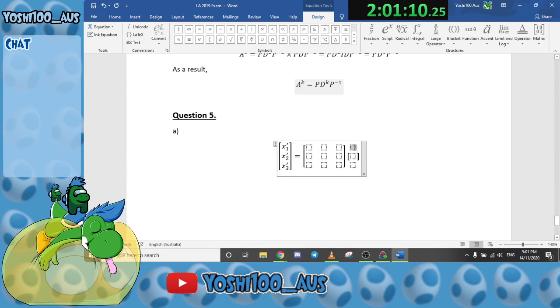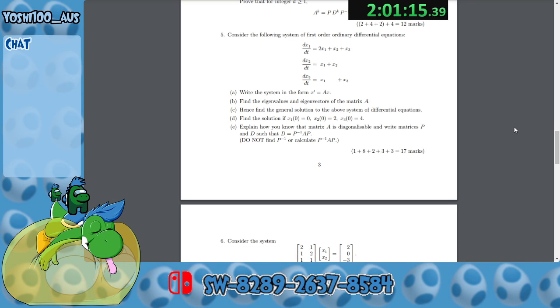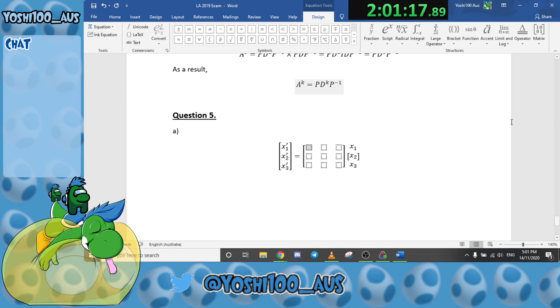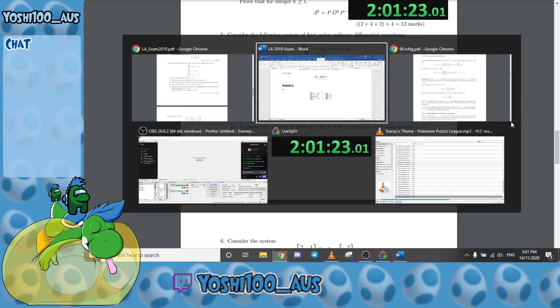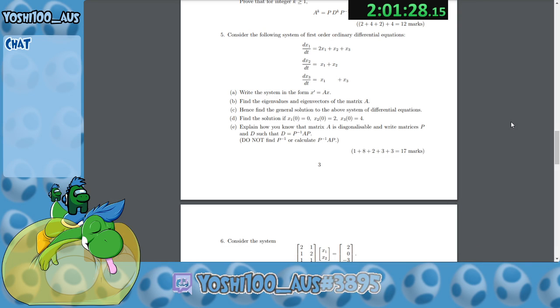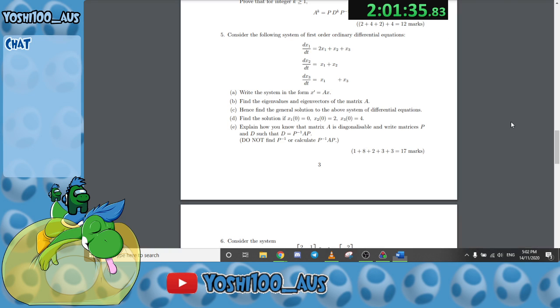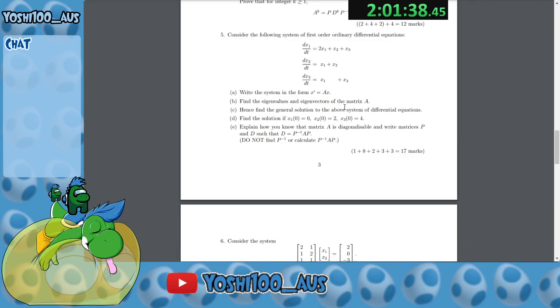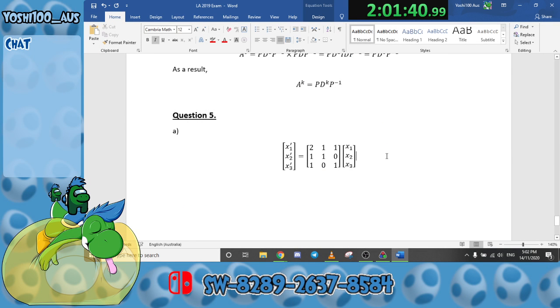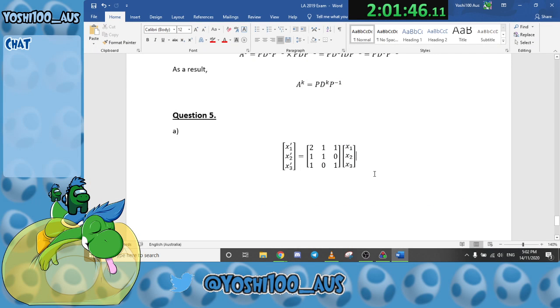X2, X3. Our matrix is 2, 1, 1, 1, 1, 1, 1. No, I got it wrong. It's the other way around. I am very efficient. Could just use my mouse. 1, 1, 0, 1, 0, 1, and so on. Poof. Boom. Congratulations. That is literally it.